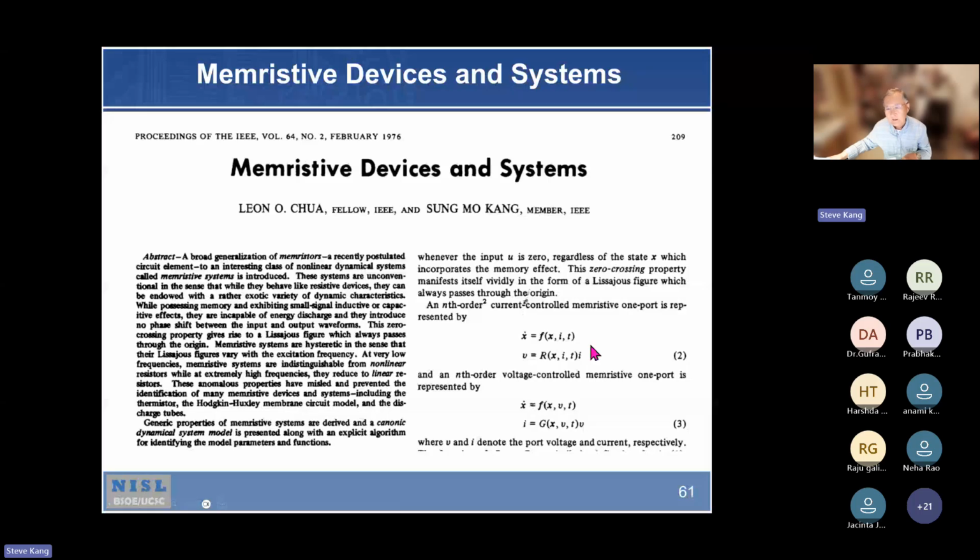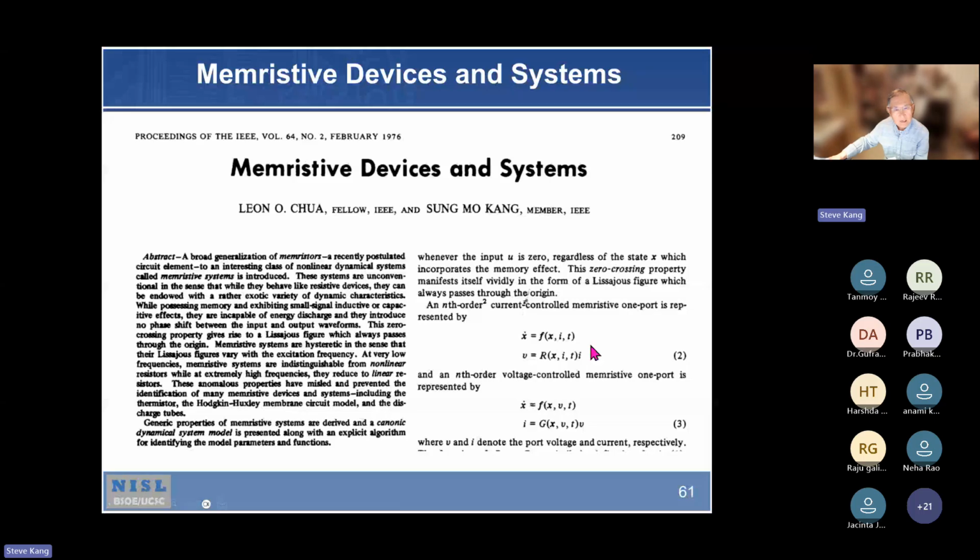So that was a generalized memristor. At that time, it was called the memristive device characteristics, right?